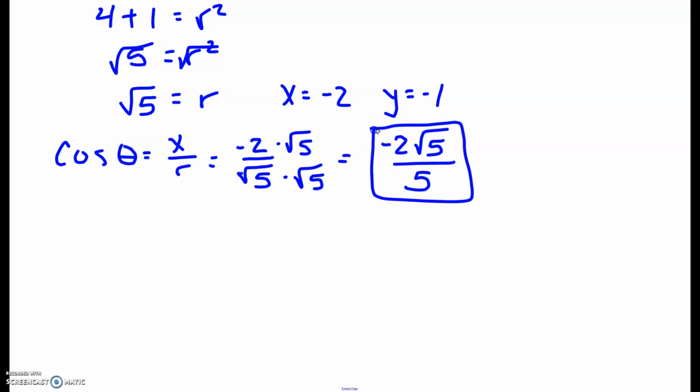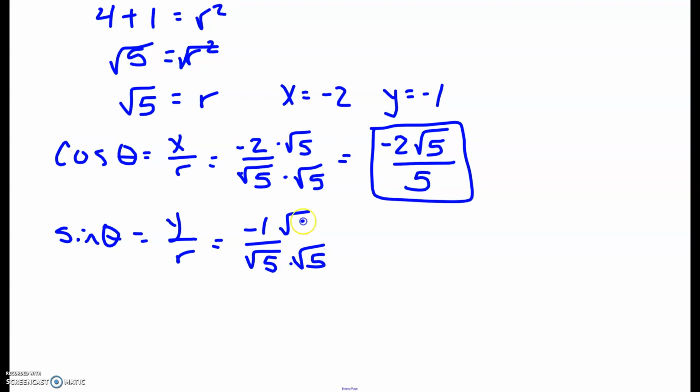So the cosine is -2 square root 5 over 5. The sine of our angle is y over r, which would be -1 over the square root of 5. Again, multiplying both numerator and denominator by the square root of 5, we would get negative square root of 5 over 5.